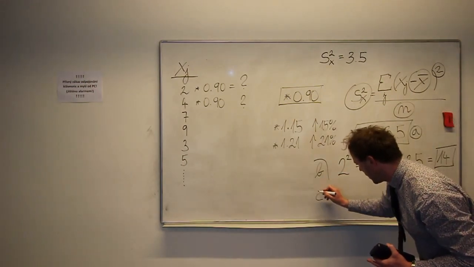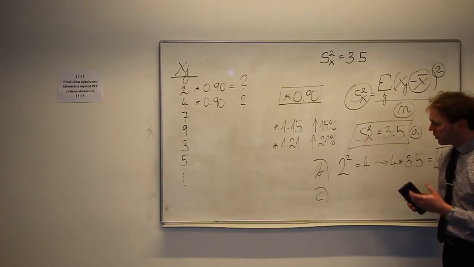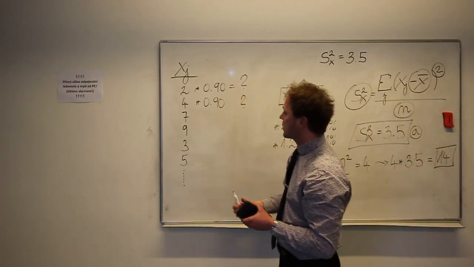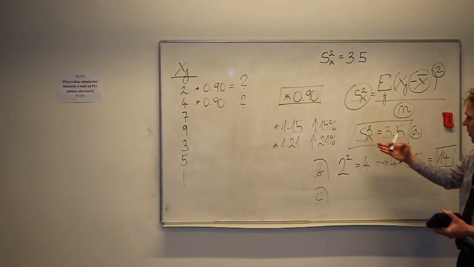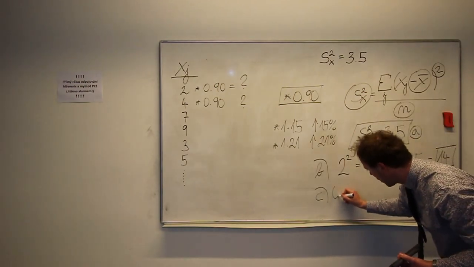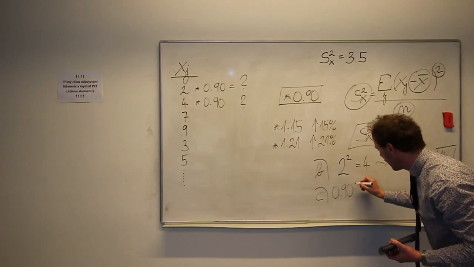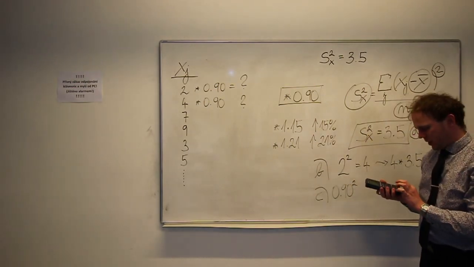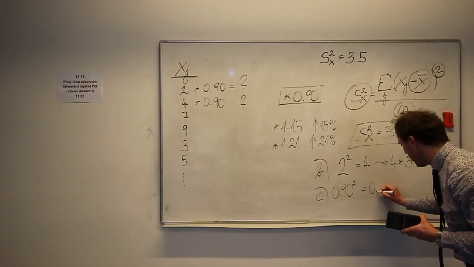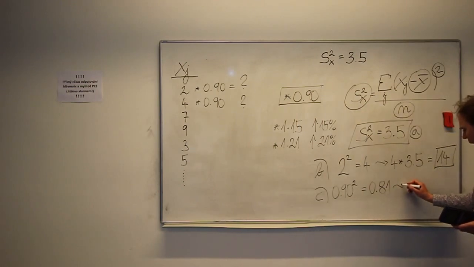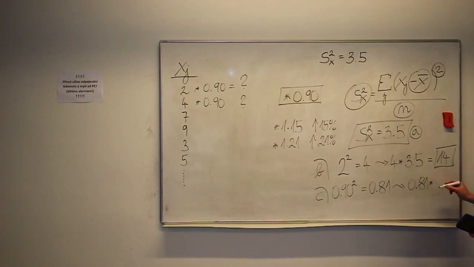So for C, we must remember the definition. If all units in the sample are multiplied by a constant, the variance is multiplied by the square of this constant. So 0.90 squared, 0.9 squared is 0.81. And I will write here 0.81 multiplied by the original variance, 3.5.